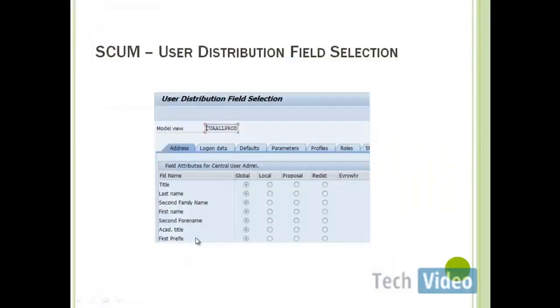Then the next transaction code is again quite important. As we discussed before, we can customize what data we want to transfer from our central system to the child system. So using this transaction code SCUM, user distribution field selection, you can define each attribute of the user master, which one you want to manage globally or which one you want to manage locally. Each tab looks, for example, like your same SU01 setting.